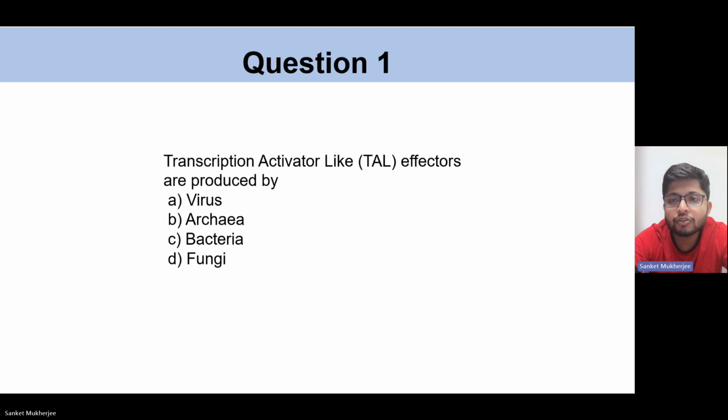So the question will come to certain questions. Transcription activator-like effectors are produced by A virus, B archaea, C bacteria, or D fungi. So I think we'll give 2 minutes for people to think and they can answer.